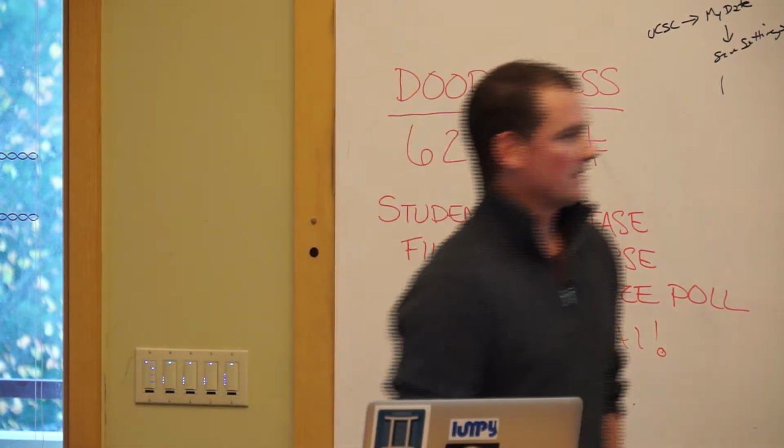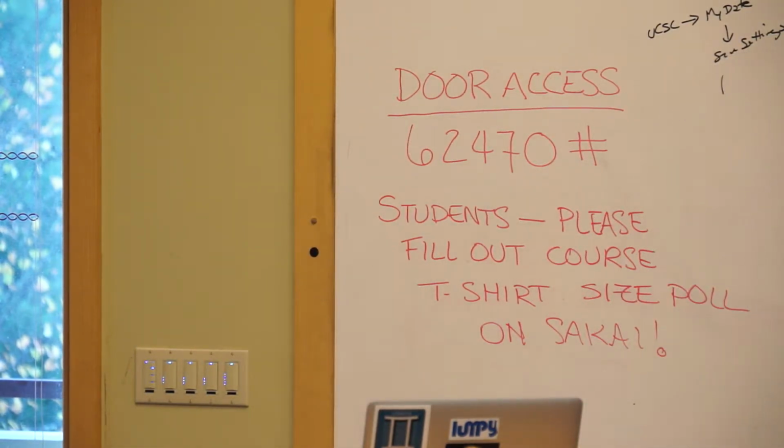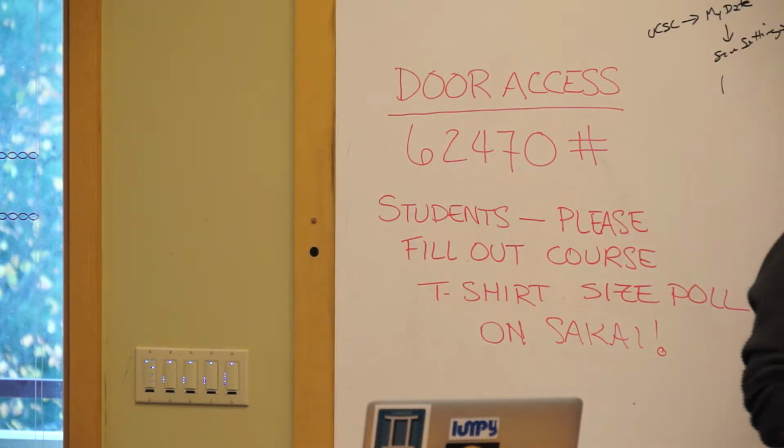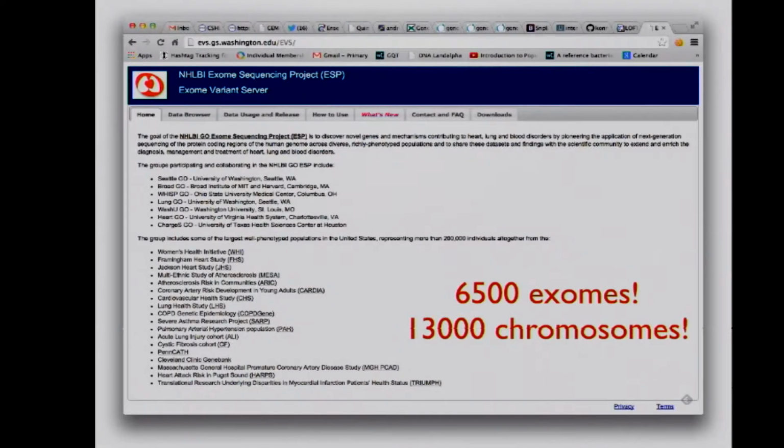So one of the first data sets that trumped the use of dbSNP for rare disease genetics was the Exome Sequencing project. This was a project funded by the NHLBI to sequence 6,500 exomes, so essentially we've got 13,000 chromosomes for nearly every protein coding exon for every protein coding gene.